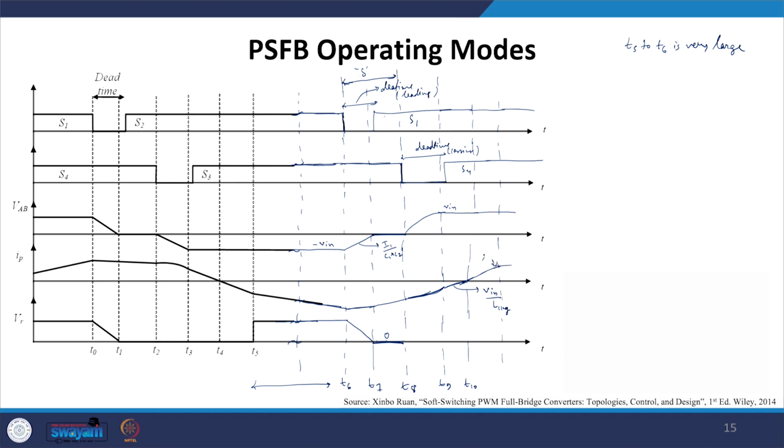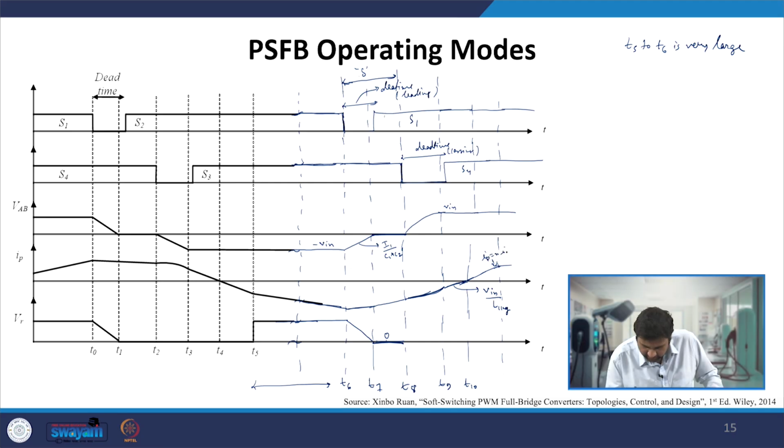Here my IP is nothing but the reflected value of IL, and as a result it will keep rising like this with a slope defined by (n Vin minus Vo) by L. Because of that slope, this voltage will be 0 at this point, and since at this point it is equal to this one, my DR2, which was also on, will now get reverse biased, and my DR1 turns on.